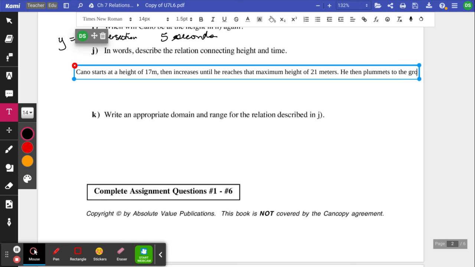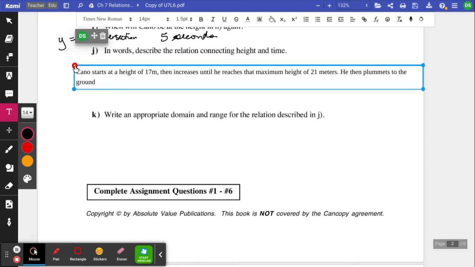Plummets to the ground, and lands on the mat in a total of, I'm sorry, he starts at 12 meters, doesn't he? Okay, sorry. Starts at 12 meters. Increases until he reaches the maximum height of 21, then he plummets to the ground and lands on the mat in a total of, how many seconds was it when he hits the ground? 7.58 seconds.